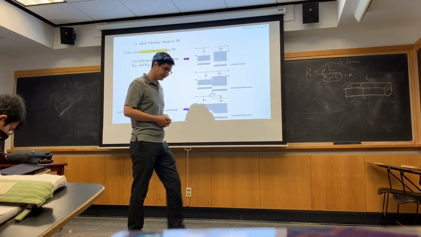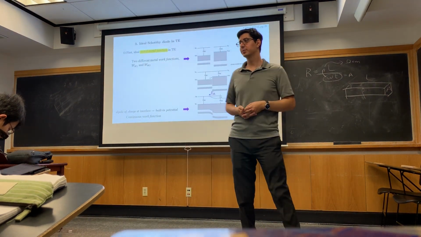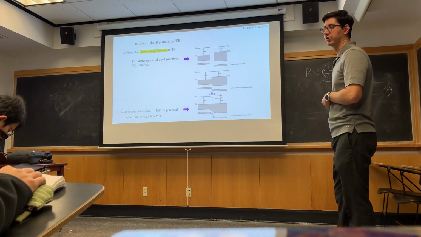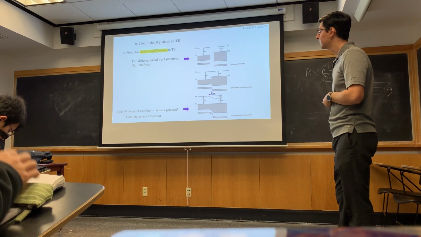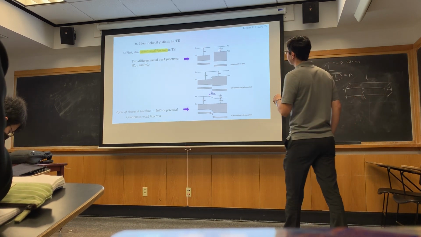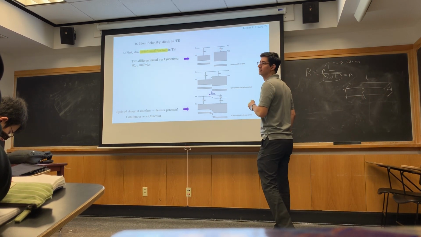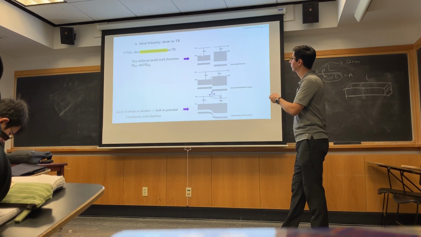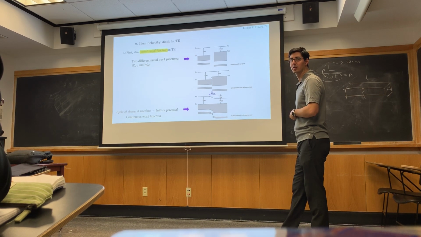Now before I make a junction between a metal and a semiconductor, I'm going to make a metal-metal junction. Okay, so the metals have different work functions. Work function is from the Fermi level to the local vacuum level.